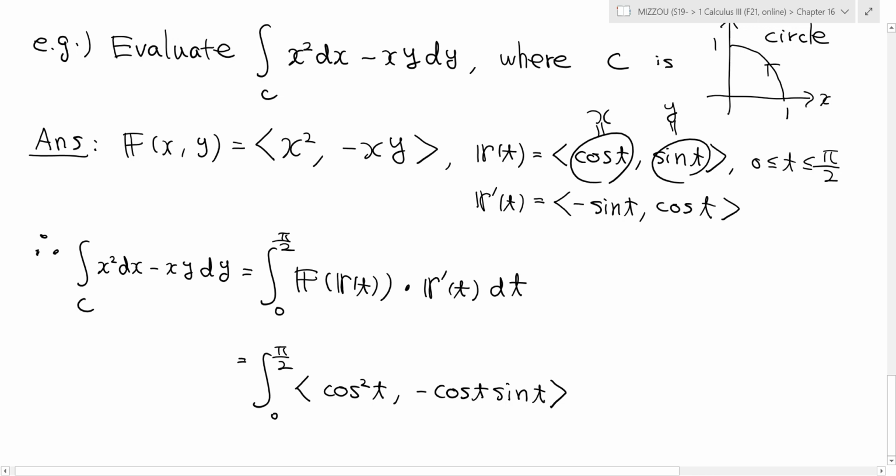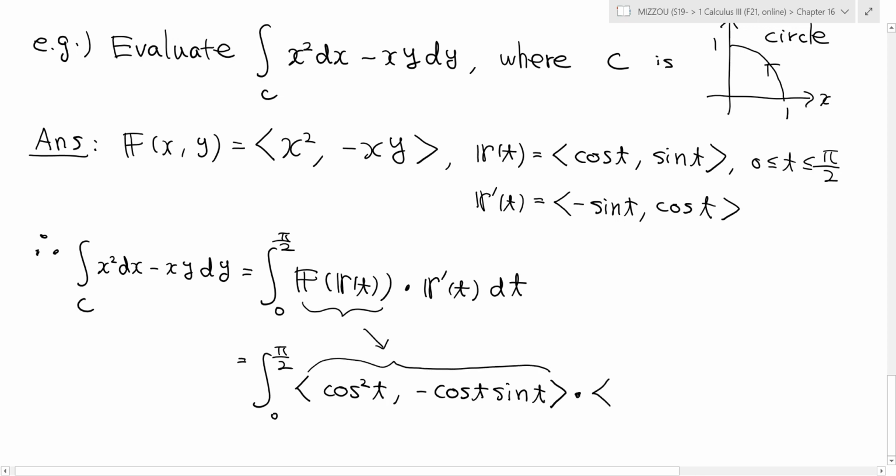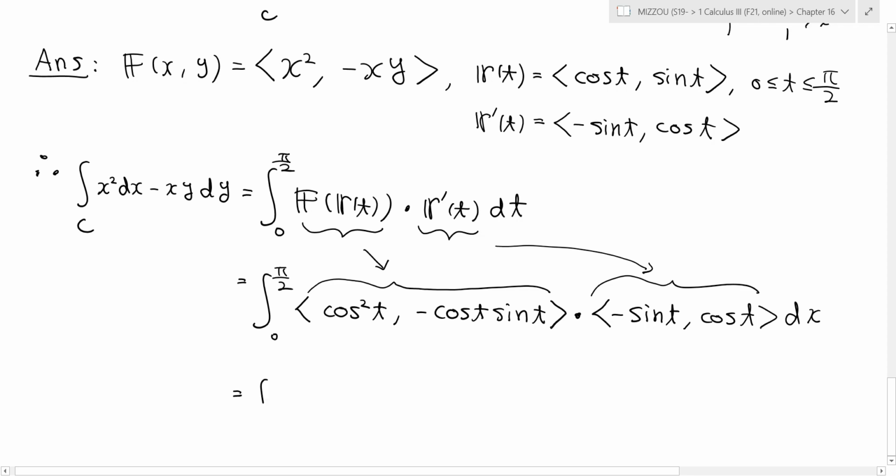This part is here. And then dot the derivative. So the derivative is written here. And then what you do is just compute the dot product of those two vectors.